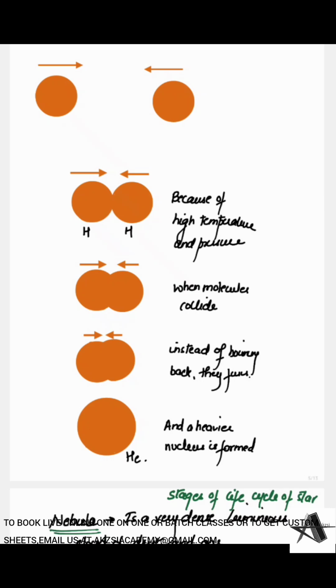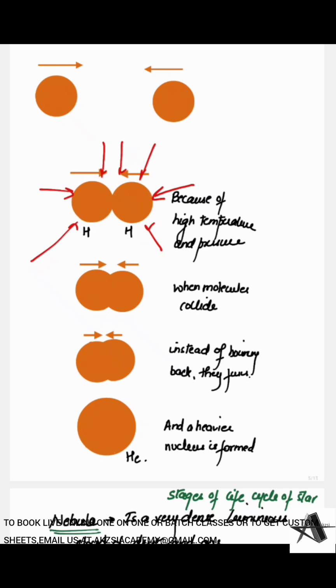So what will happen? A very high pressure is acting on it, and this high pressure is enough to overcome that electrostatic repulsive force, and now they are stuck together because the pressure on the nuclei is high enough to overcome that repulsive force.